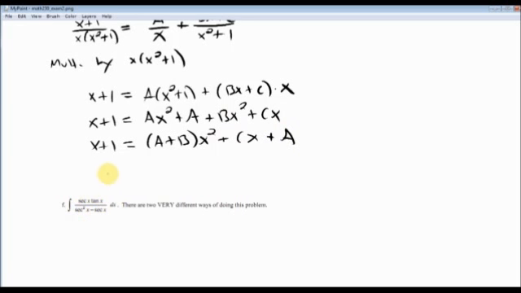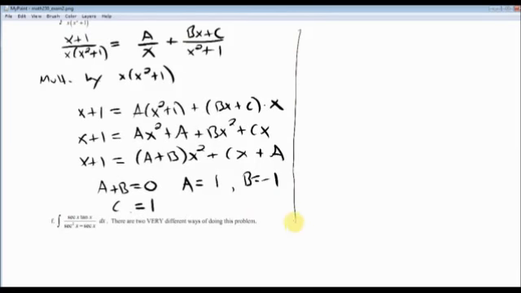So that gives us a plus b, which has to be 0, gives us cx, oops, sorry, just c. C has to be 1, and a has to be also 1. So that means b is negative 1.